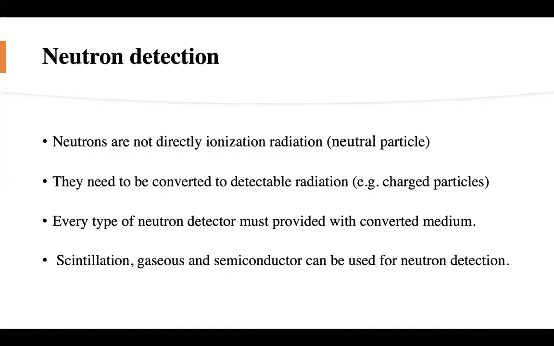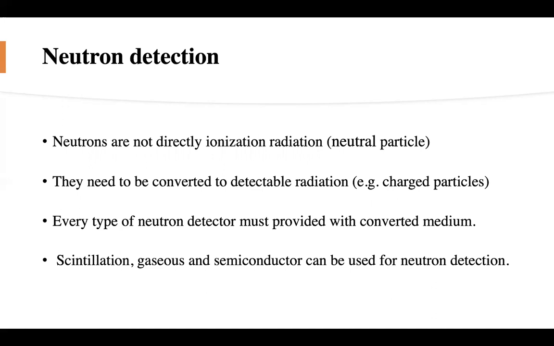But neutron is not a charged particle, so it cannot directly ionize the gas, semiconductor, or scintillator. So it needs to be converted to detectable radiation, for example, a charged particle. So it's kind of two steps to detect neutrons.